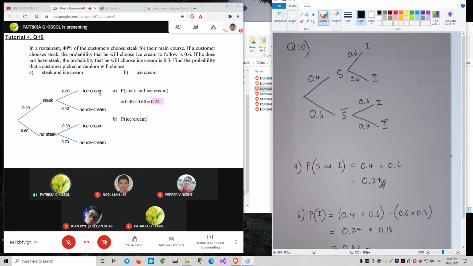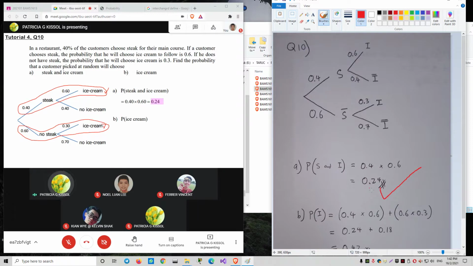Okay, but when the question asks you to find the probability that the customer will choose ice cream, now this one you have to be very careful. Here we have ice cream only. That means we are looking at both ideas: steak and ice cream, or no steak and ice cream.